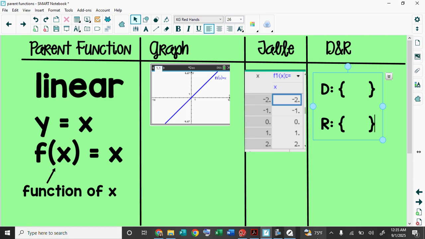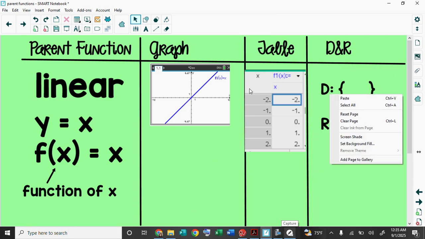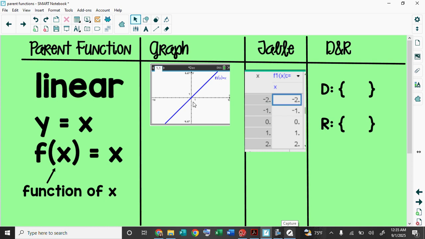So for my domain, that's all my x values, left and right. There's arrows on the ends of these right here. So I have arrows on the ends of my lines because they keep on going. They keep on going to the farthest left and to the farthest right. And so my domain is all real numbers.